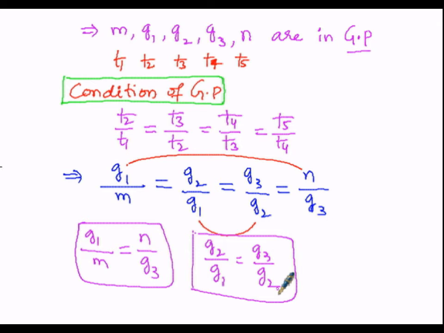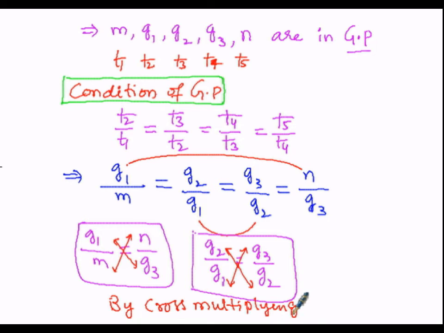In the next logical step I am going to cross multiply in both the conditions. The first condition: G1 by M is equal to N by G3.